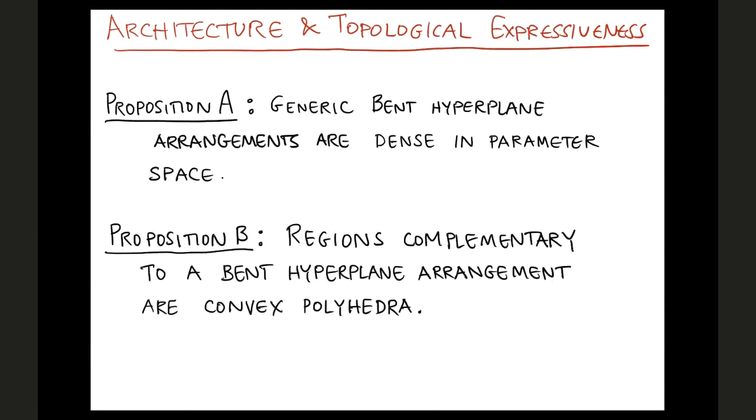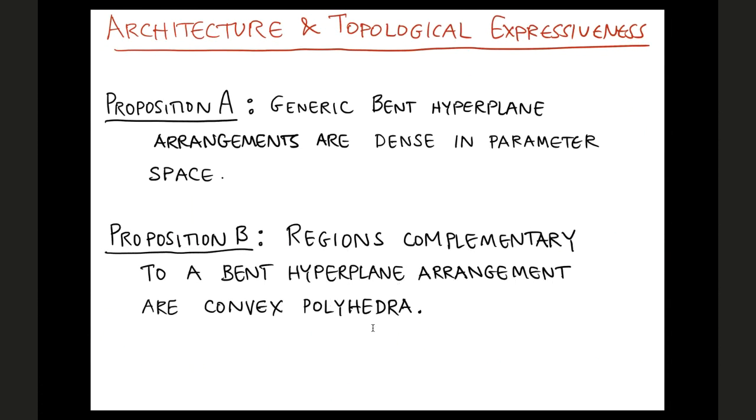Proposition B is the thing that makes everything go. Obviously proposition A is important too, because you want, with probability 1, that a generic bent hyperplane arrangement is what you get. But proposition B is what allows you to do all the constructions we were doing before. So the regions complementary to a bent hyperplane arrangement are convex polyhedra.